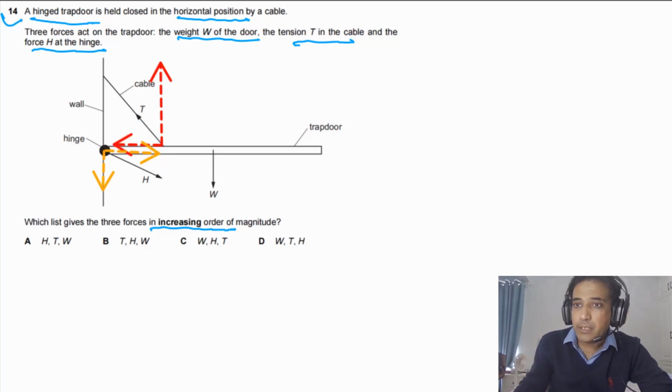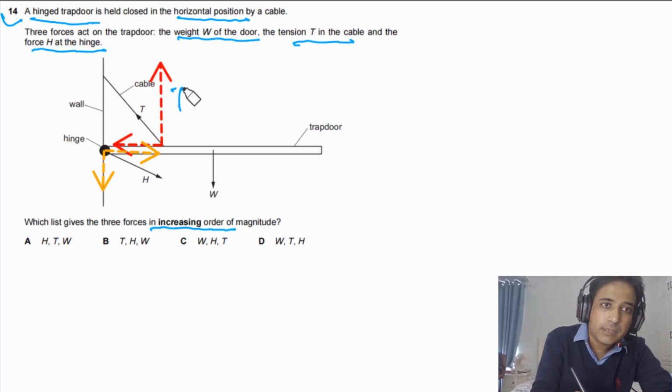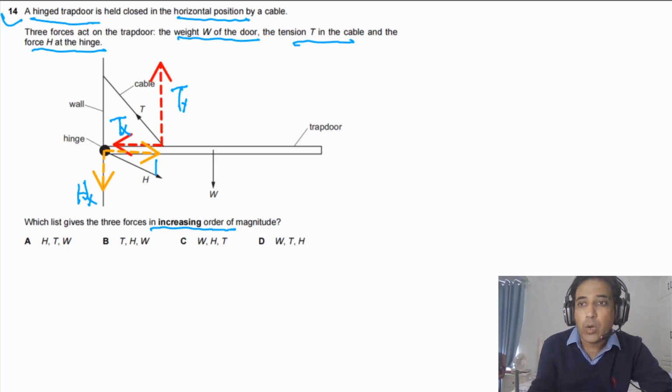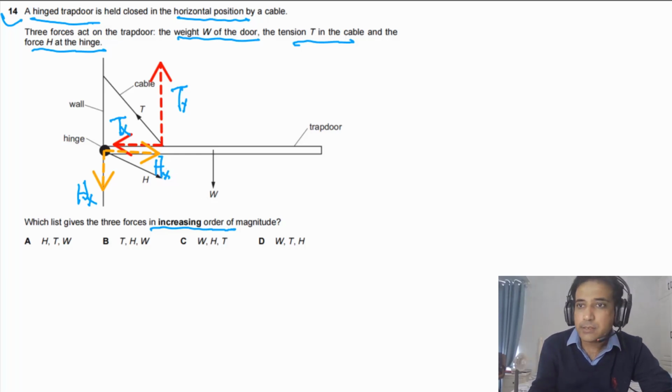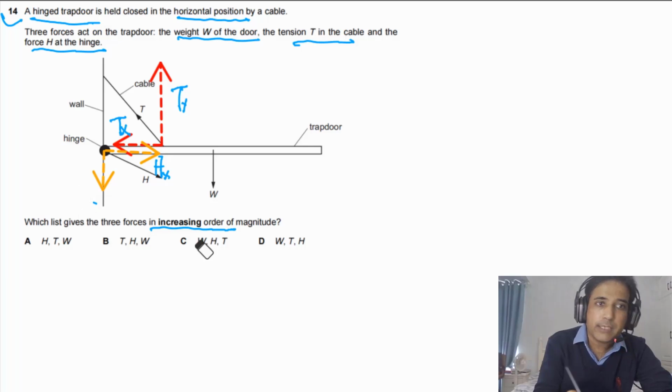We can label these components. This one is Ty and this one is Tx. Then this component is Hx and this one we can label Hy, because this is the vertical component.